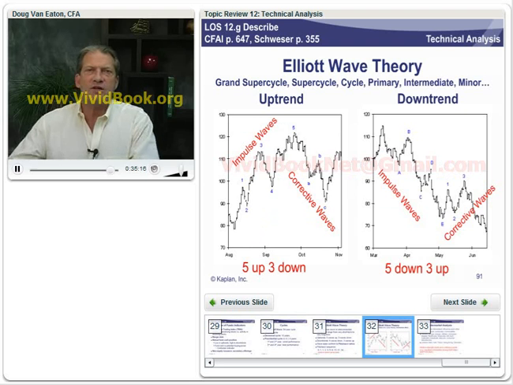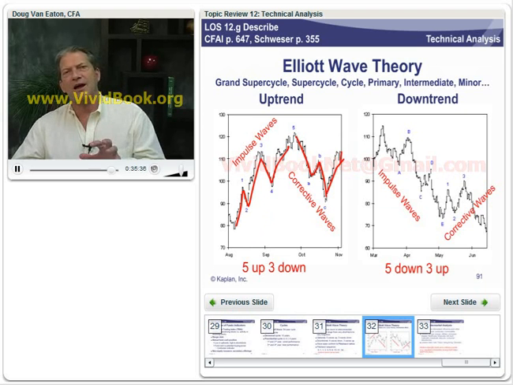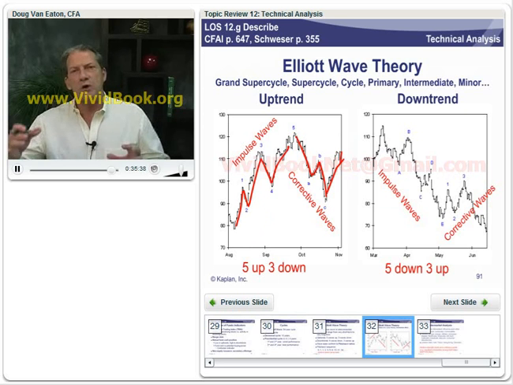Now we can see these impulse waves and corrective waves. Here is the 5 up, okay? 1, 2, 3, 4, 5. And then the 3 down, 1, 2, 3. And then a change in trend again, back to the uptrend. So these are wave patterns within larger wave patterns.